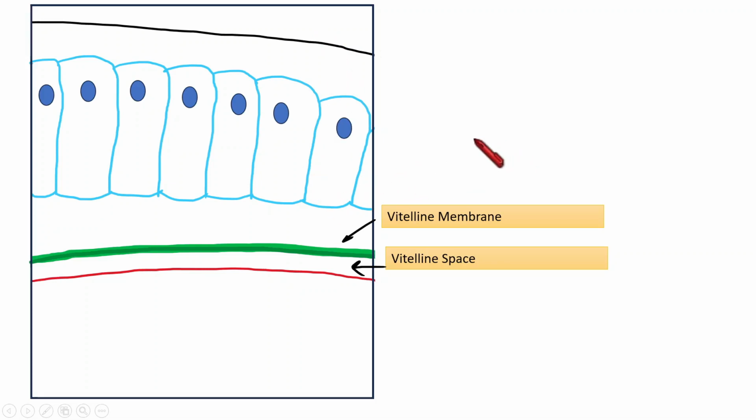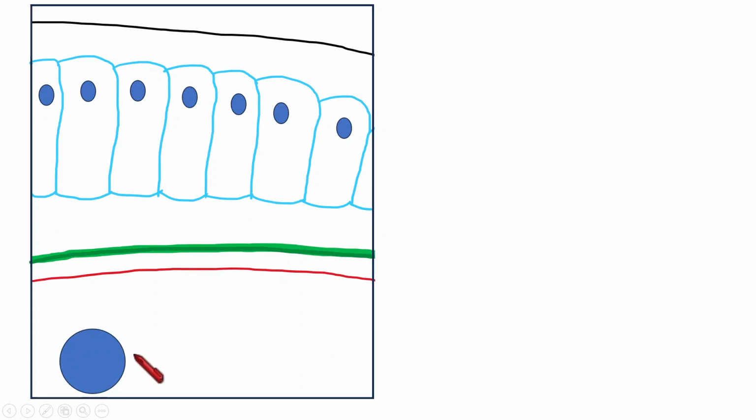Okay, clear? I think you are familiar. You understand about which part I am going to explain. So we have seen that the nucleus moves closer to the dorsal side. And in the last video, we have seen that an important mRNA, that is Gurken mRNA, is translocated to the oocyte from the nurse cell.